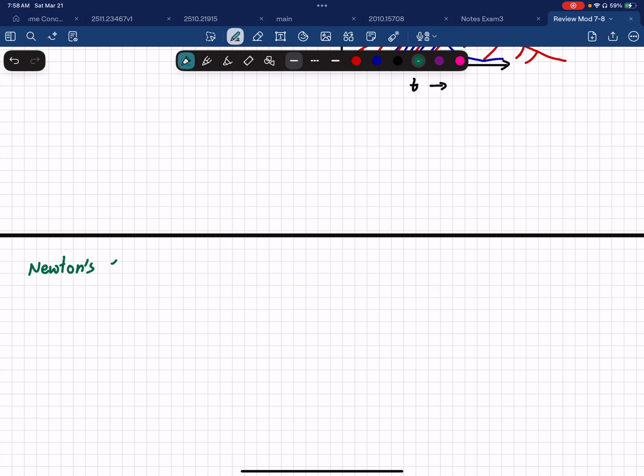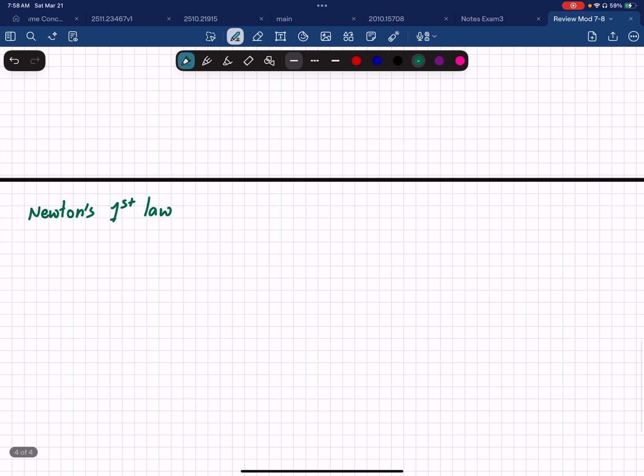When no force acts on an object, the object remains in its inertial state. That means this basically gives me the change in momentum is zero.